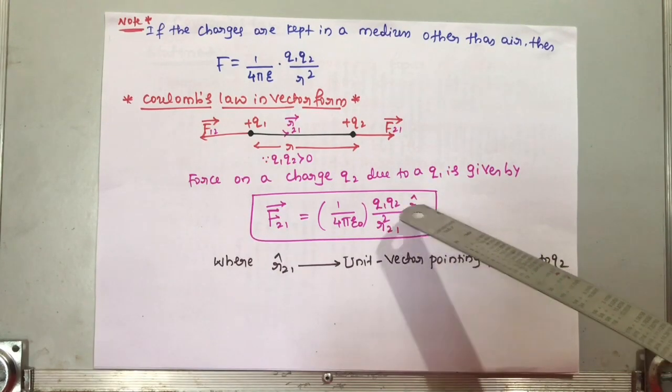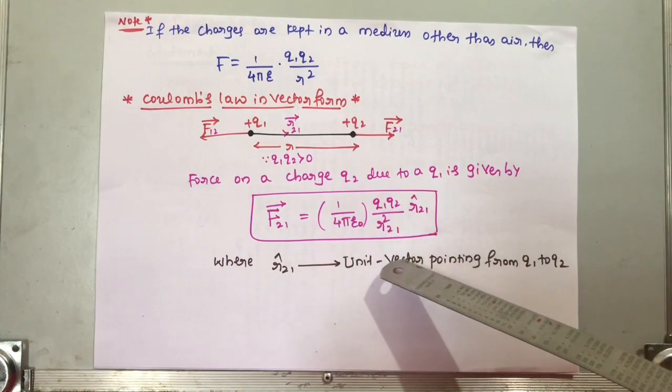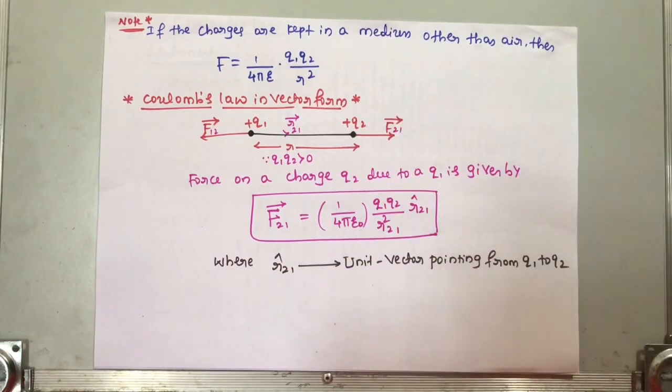The subscript 21 means the vector pointing from q1 to q2.